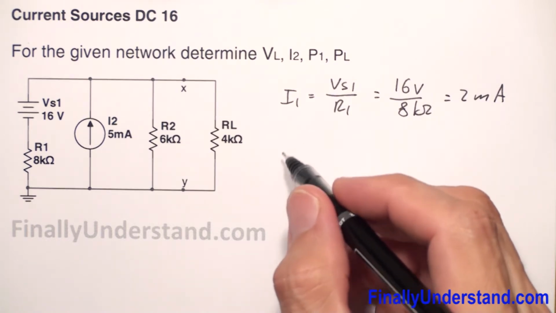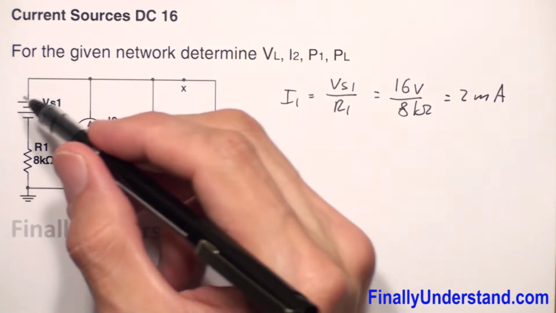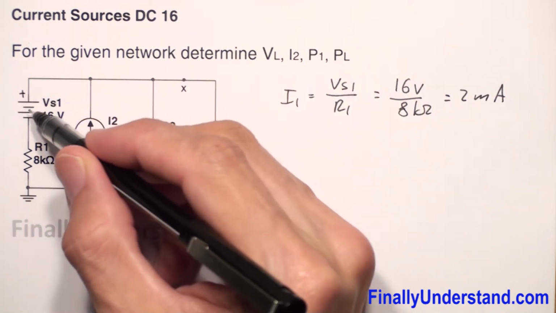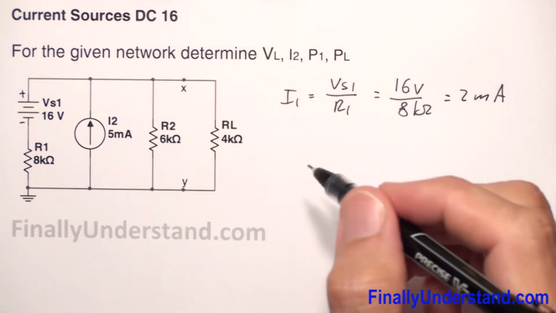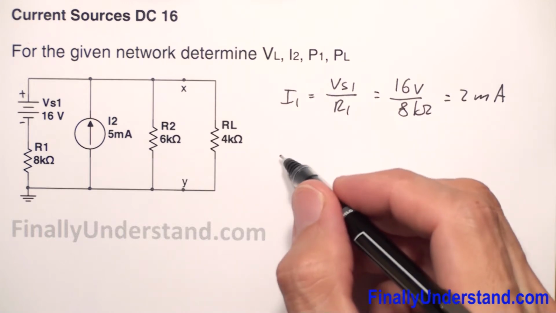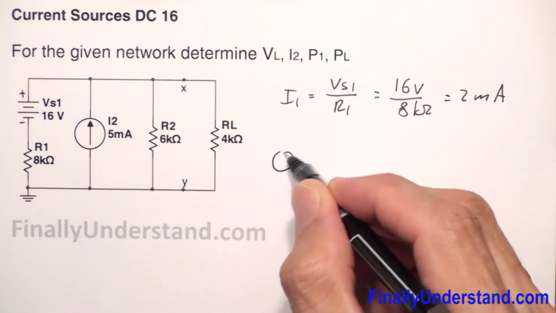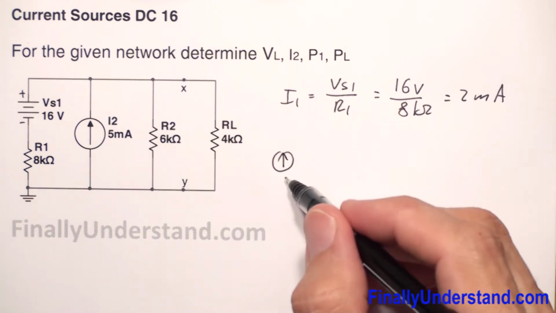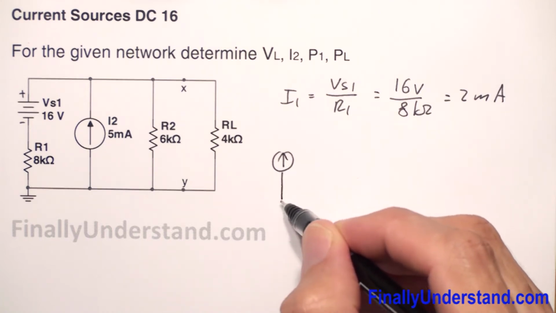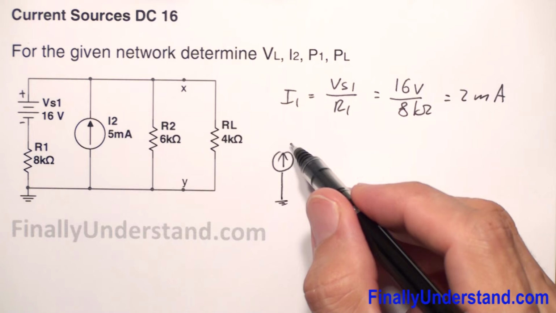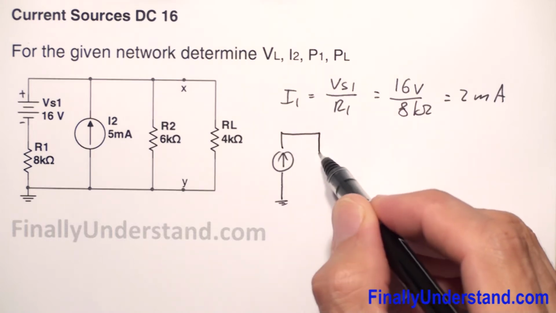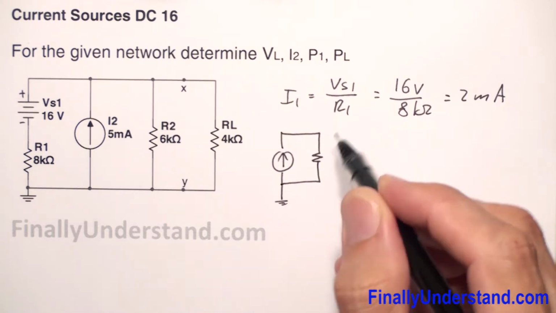Next, I would redraw the circuit. Because I have positive terminal at the top and negative terminal at the bottom, I would draw my current source like this, going up. And this is my ground. This is going to be my resistor R1.